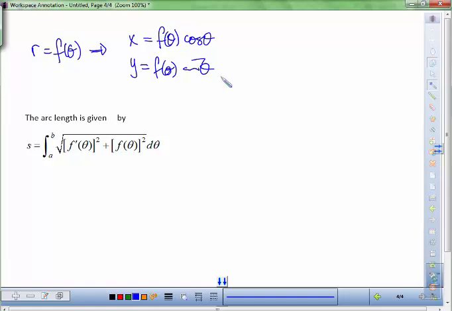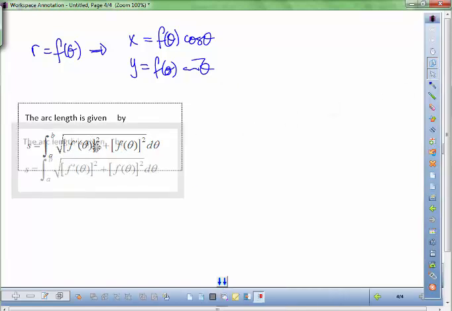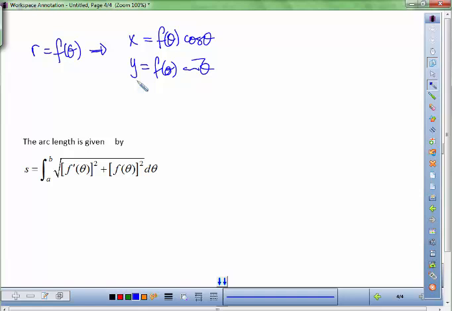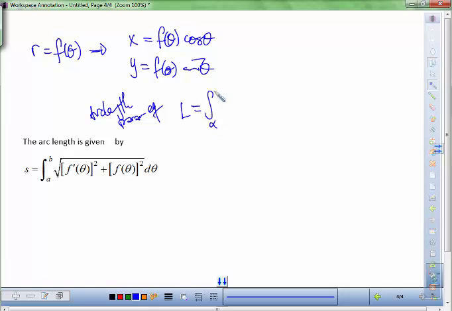All right. Now we also knew the formula for the arc length if we have parametric equations. So arc length for parametric equations, if you remember, was given by L is equal to, oh, now they use S, some integral from parameters alpha to beta of the square root of x prime of t squared plus y prime of t squared dt.